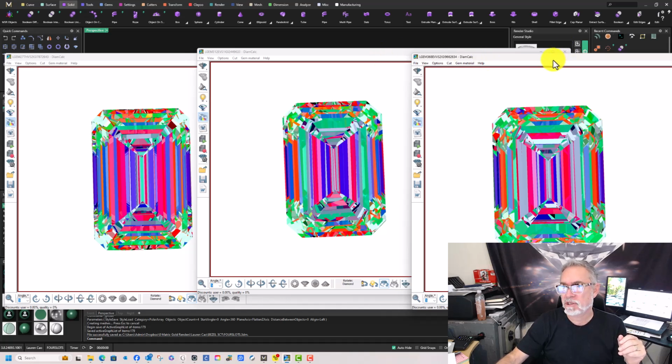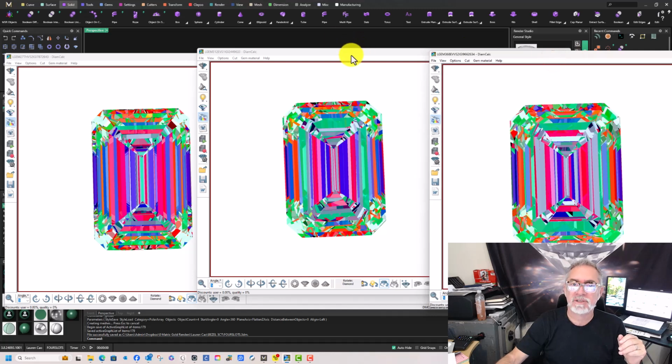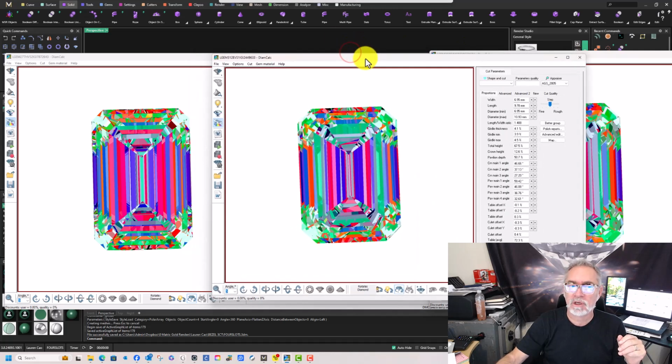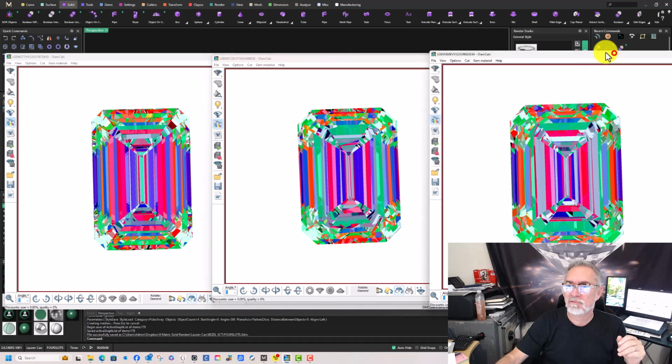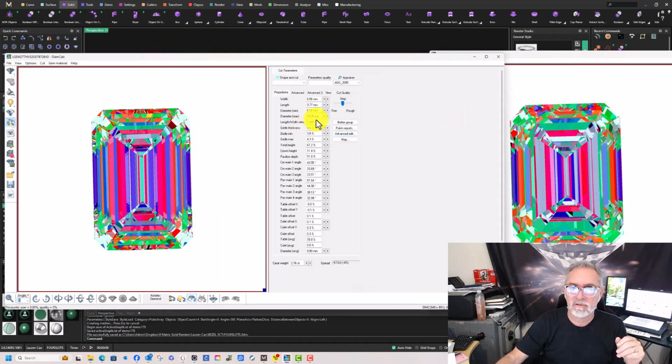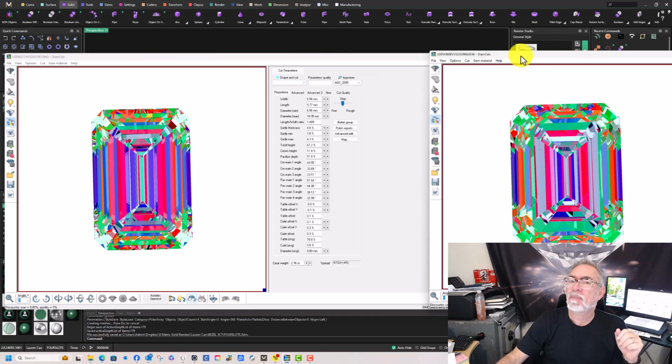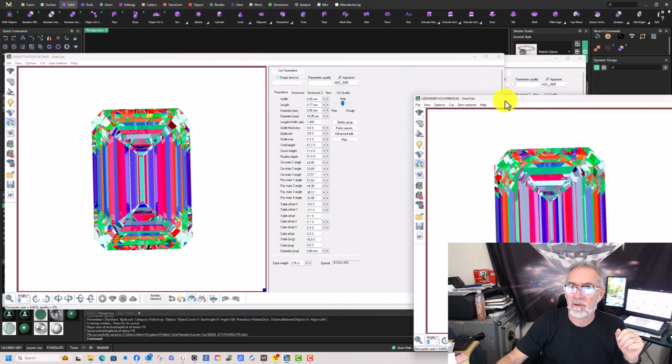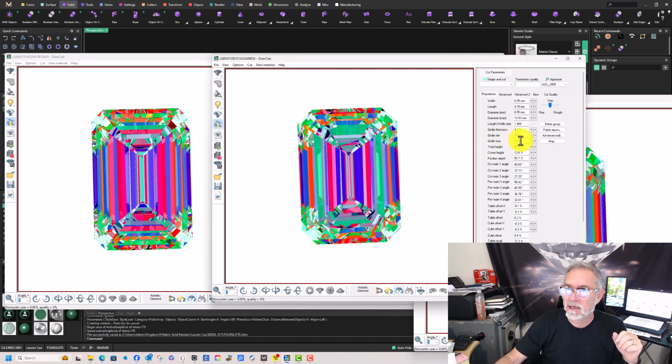Another notable difference between the size and the optics of what we're going to be looking at is the length to width ratios. This 2 3/4 carat is close to a 1.5 to 1 ratio, which does happen to be a nice sweet spot for emerald cuts, and is a shape and ratio that's in high demand. The 3 carat that we're going to be looking at is a ratio of 1.40.